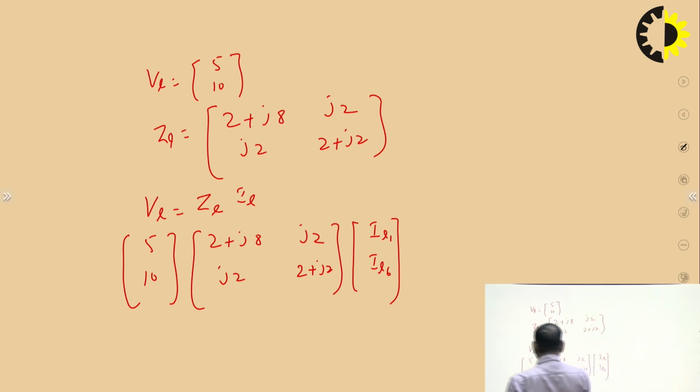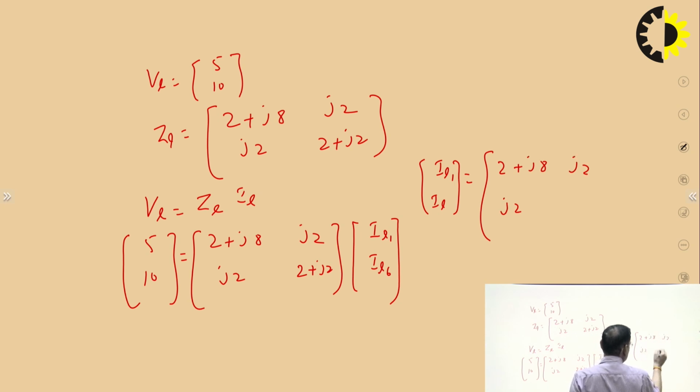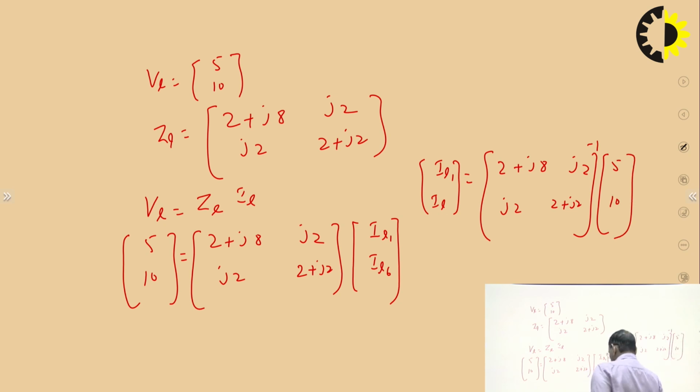We can get these loop currents IL1 and IL6 by taking the inverse of this matrix, 2 plus J8, J2, J2, 2 plus J2, and multiplying by 5, 10. On simplification of these equations, we can get the loop currents.